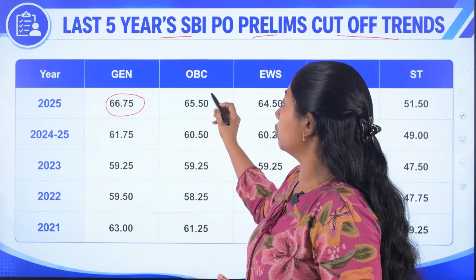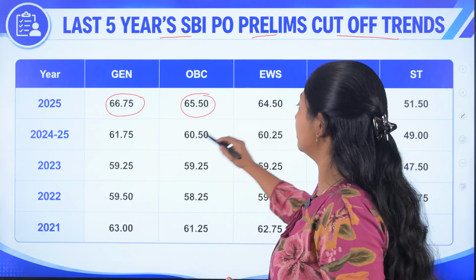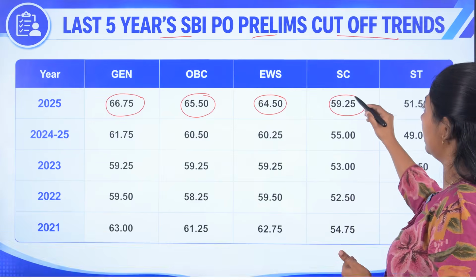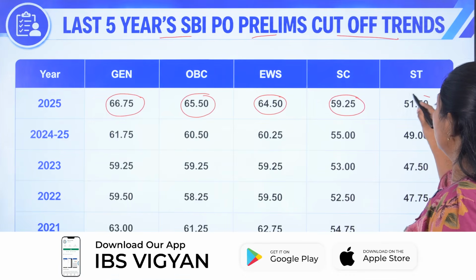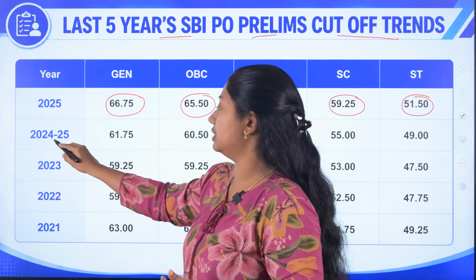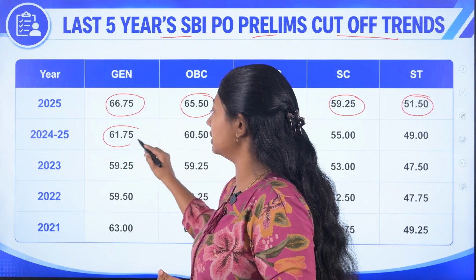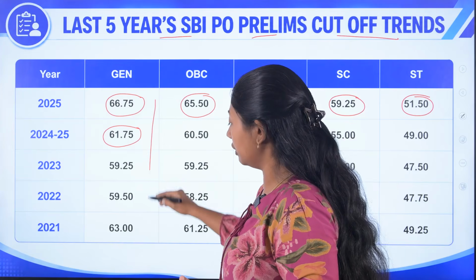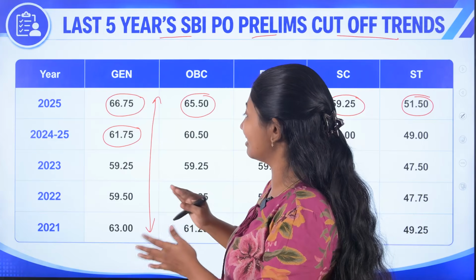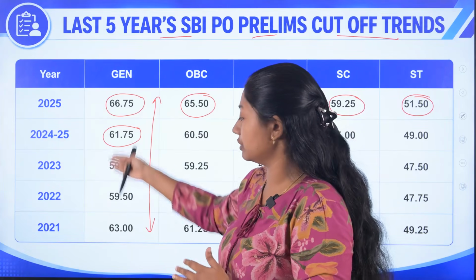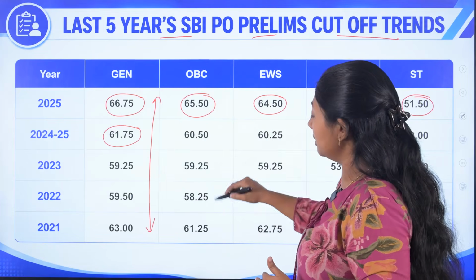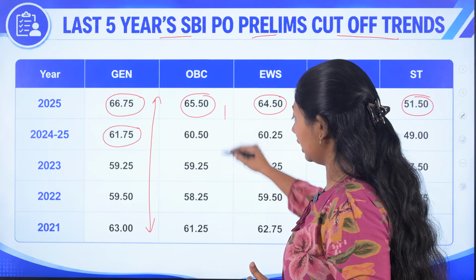OBC is 65.50, EWS 64.50, SC 59.25 and ST 51.50. Similarly, in 2024 you can see 61.75. On average it is around 55 to 66. You can see the cutoffs in various years from 2021 to 2025, and the range for OBC as well.